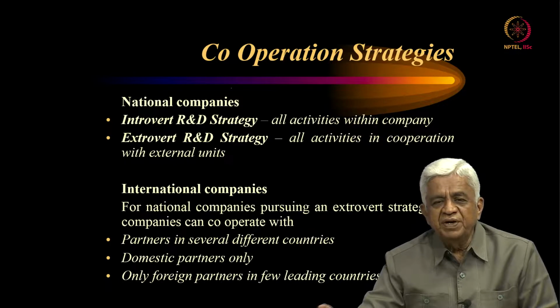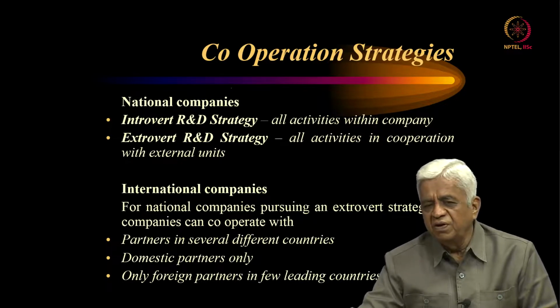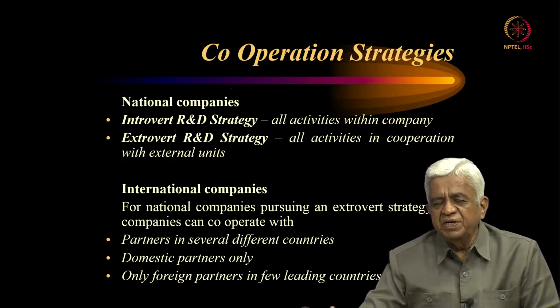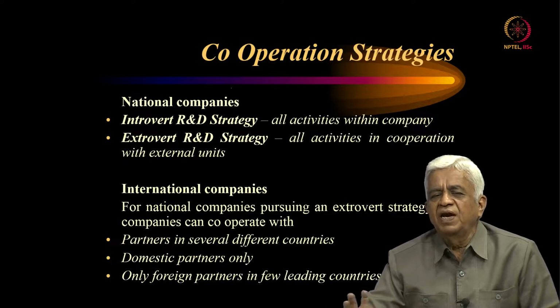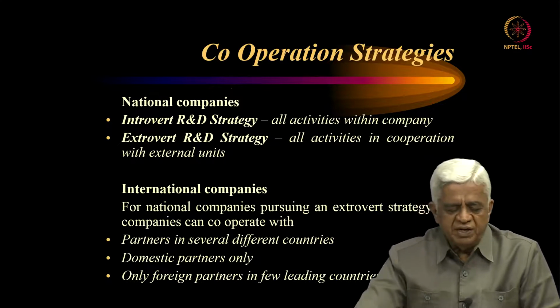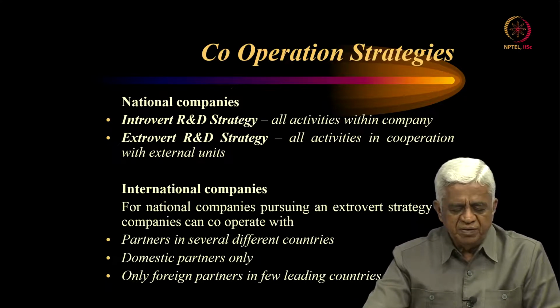National companies looking at introvert R&D strategy, that is all activities within the company, then extrovert R&D strategy, all activities in cooperation with external units. For international companies, what is happening?